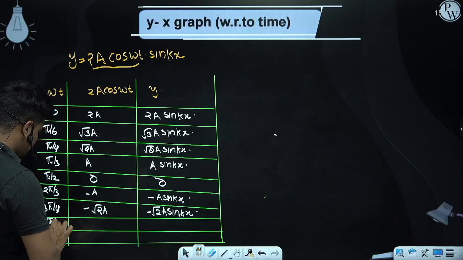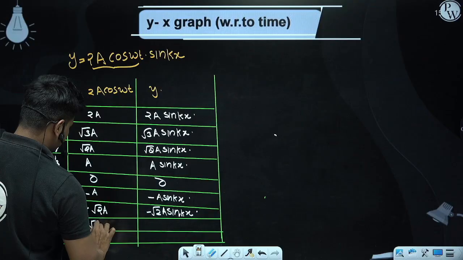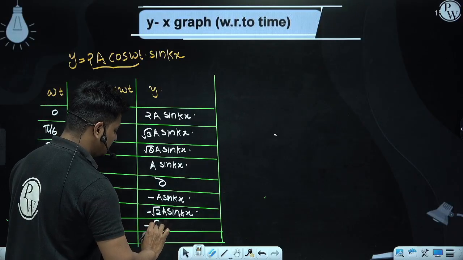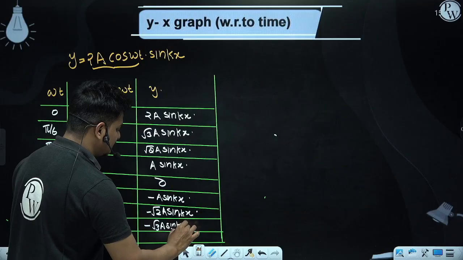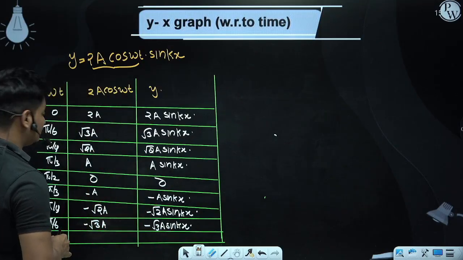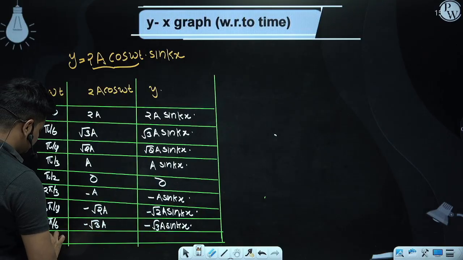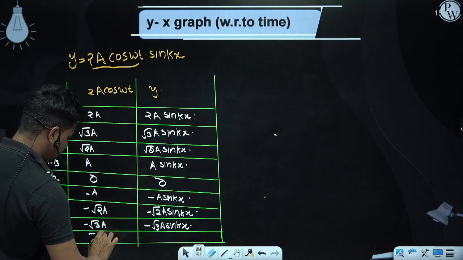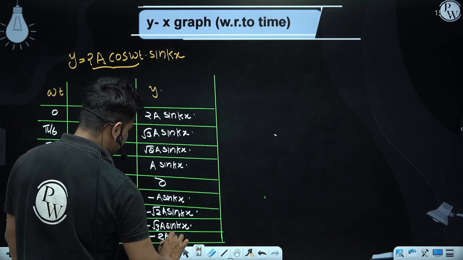Putting this value, we get minus root 3a sin kx. The next one is 180 degrees, which is pi. Then the expression becomes minus 2a, so the displacement equation becomes minus 2a sin kx.